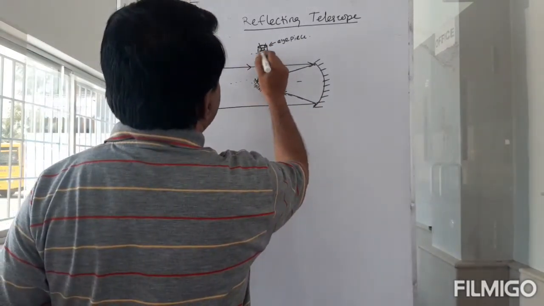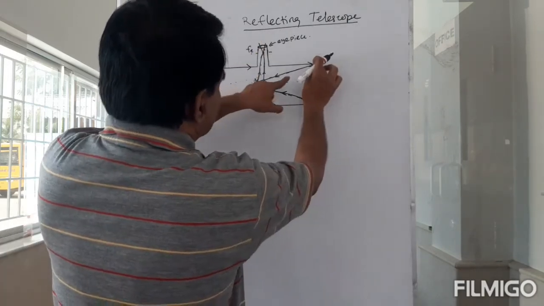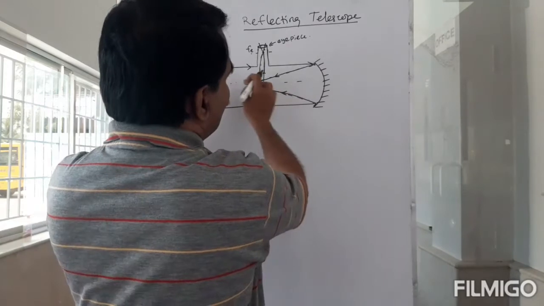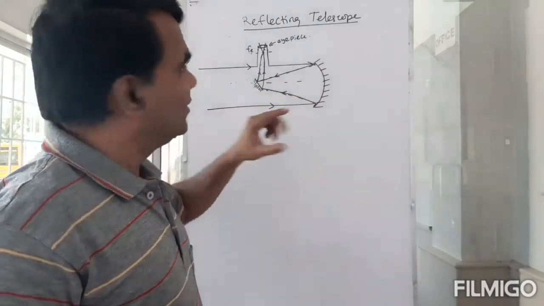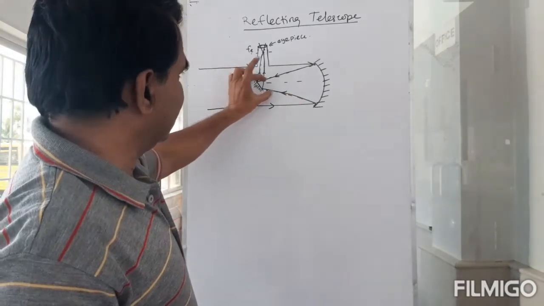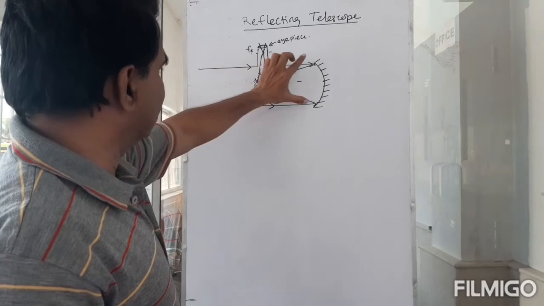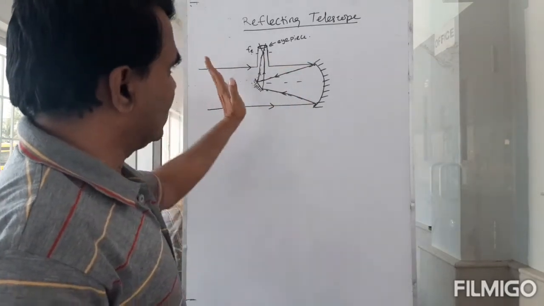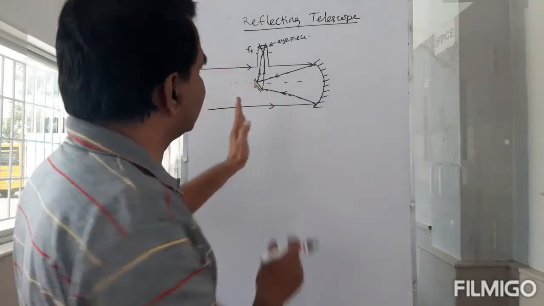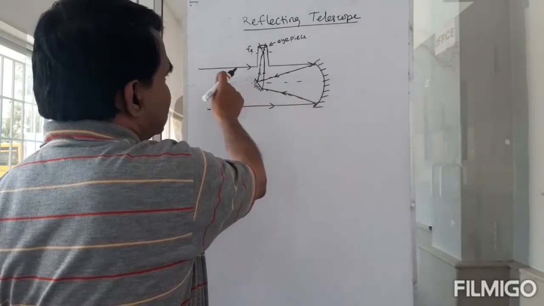So you see, this will be FE, and this plus this length will be your FO. Because if this mirror was not there, all these rays would have converged here at the focal point. Focal point is here, but now I have introduced a mirror in between, so they get reflected, and this length plus this length must be equal to this length.